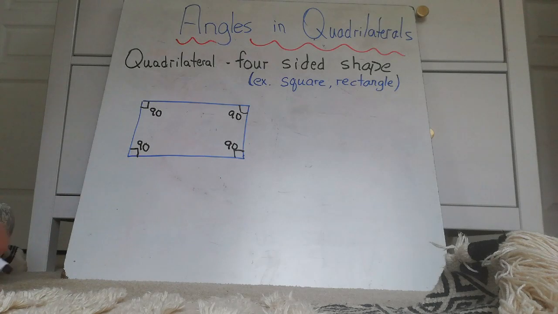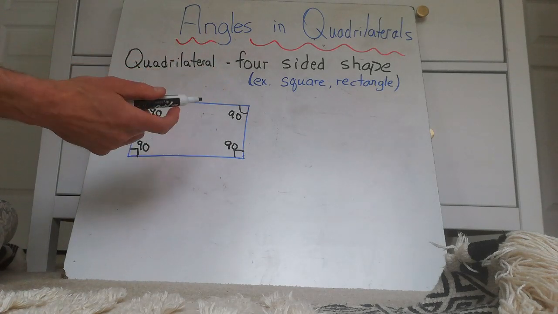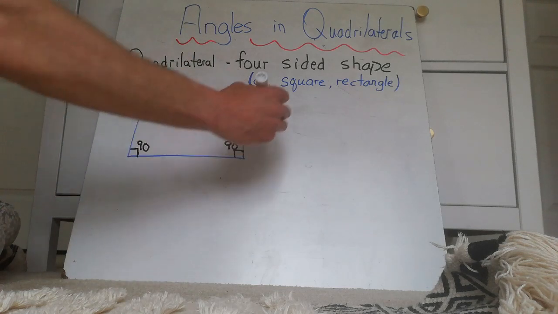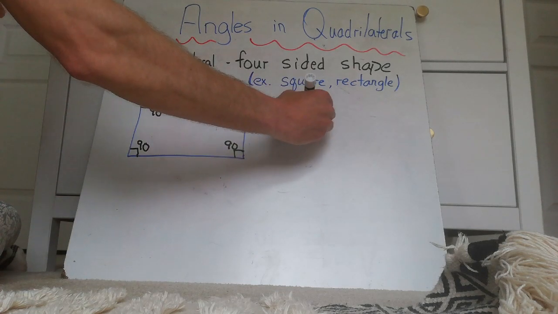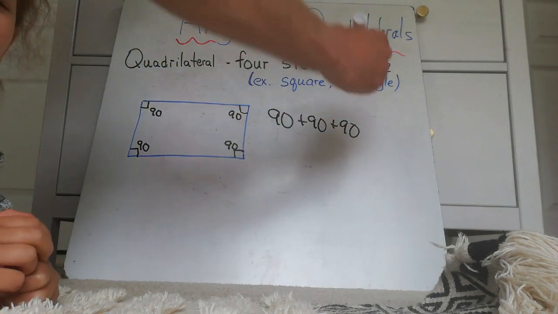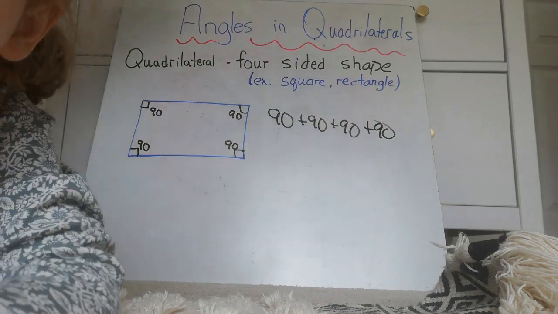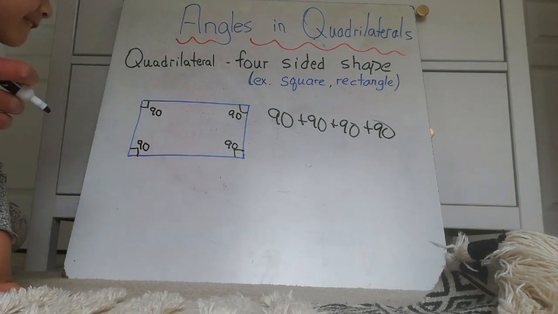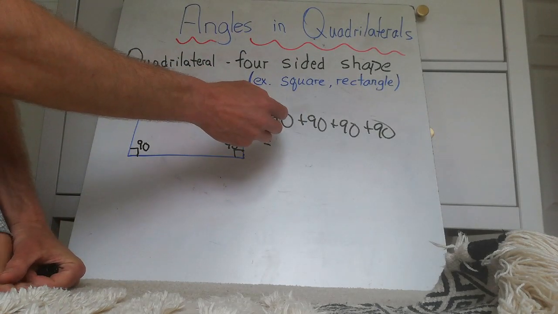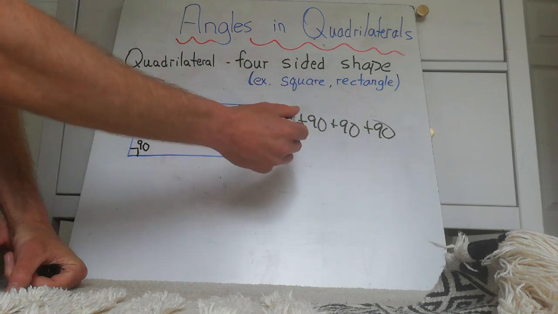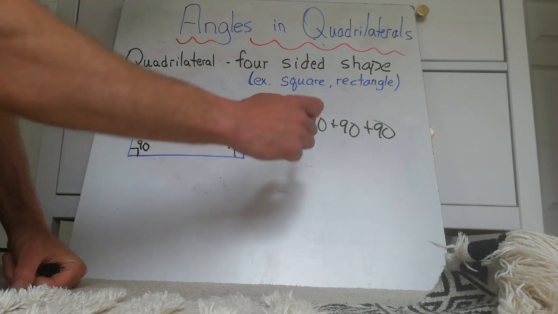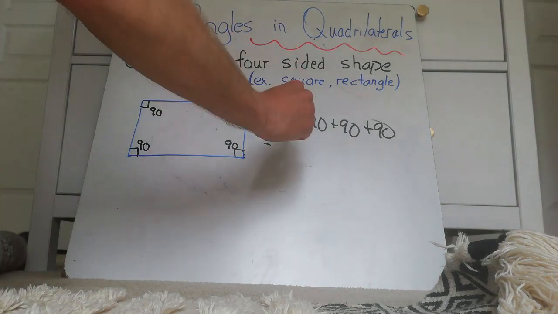If I ask for the total measurement of all four angles, you add 90 plus 90 plus 90 plus 90. The way I would do it is 100 plus 100 plus 100 plus 100 is 400, and if you take away 40, because it's four tens, you get 360 degrees.